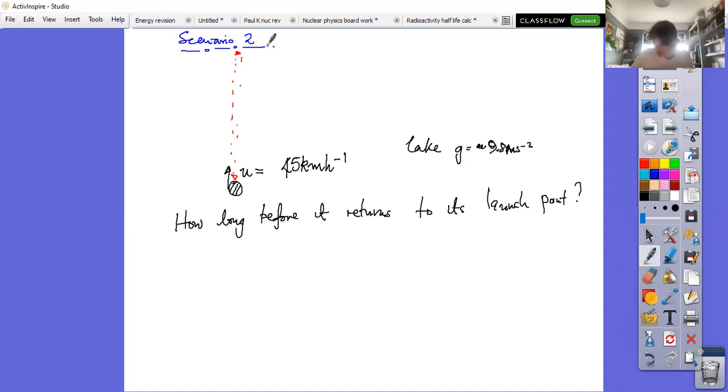So I did v minus u over a. I converted 45 kilometers per hour into meters per second. So I firstly multiplied 45 by 1,000. Top man, excellent. And then divided it by 60 squared. 60 squared, spot on.